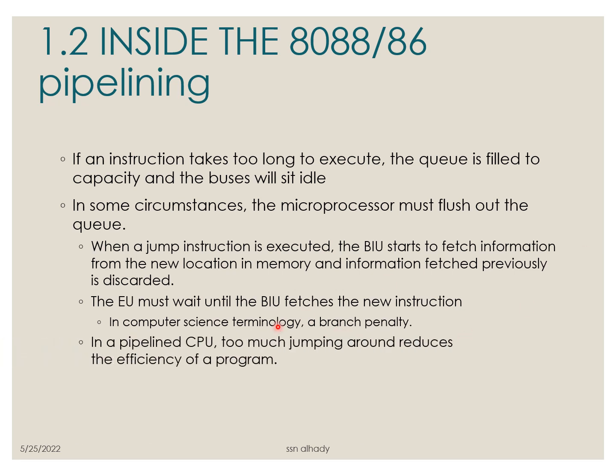We should avoid it as much as possible. In a pipeline CPU, too much jumping around reduces the efficiency of a program. If you have a lot of jump instructions, you jump to a new location and need to flush. Actually, you reduce the performance of the available architecture.